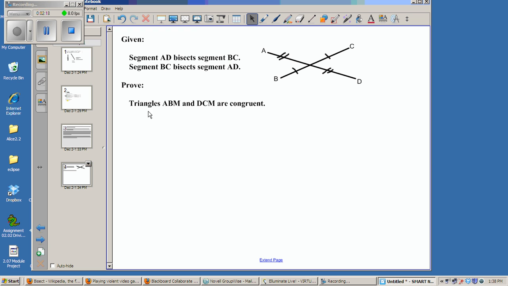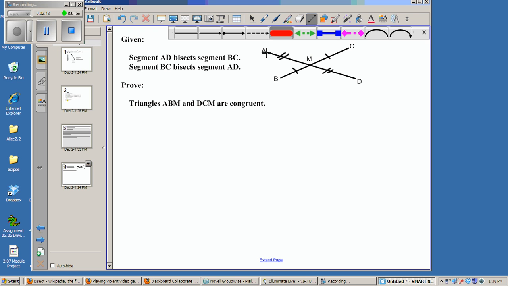Now I'm supposed to prove that triangles, so I'm going to have to make more segments here because I have to make them into triangles. Triangle ABM. So I'm just going to call this angle in the center angle M. So I'm going to draw on those triangles now. Let's do that with a different color. So triangle ABM is congruent to triangle DCM.